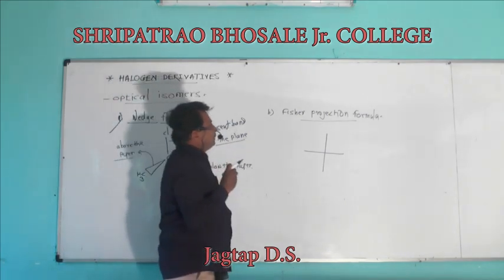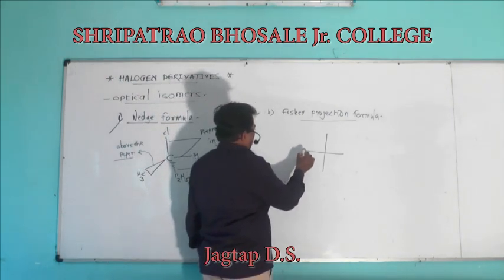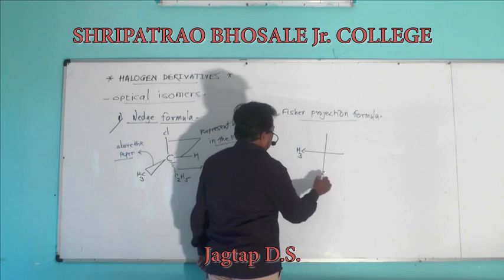So, the Fischer projection formula of the chlorobutane may be represented as follows.